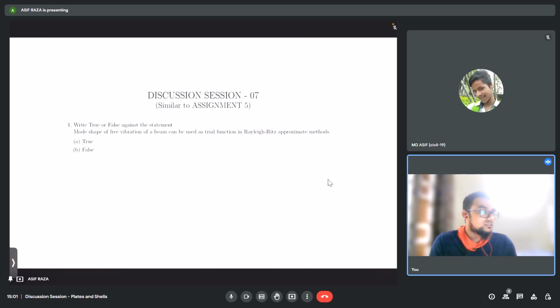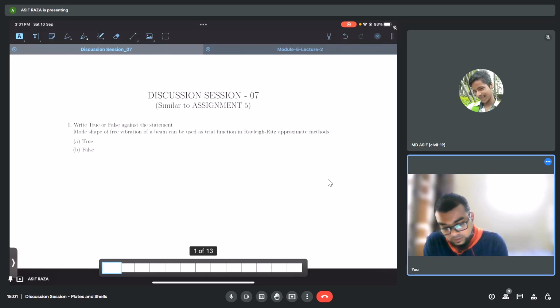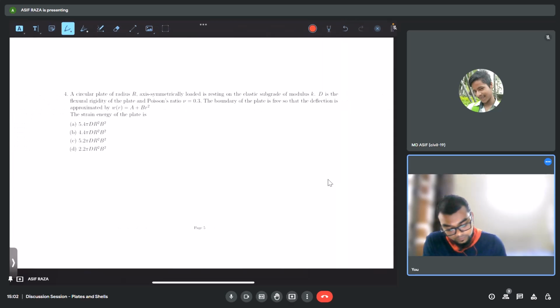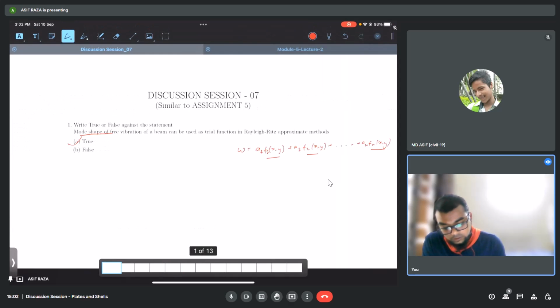In Rayleigh-Ritz approximate methods, we approximate displacement as a1 f1(x,y) plus a2 f2(x,y), likewise up to an fn(x,y). So these functions can be taken as mode shape of free vibration of a beam. So this statement is true.